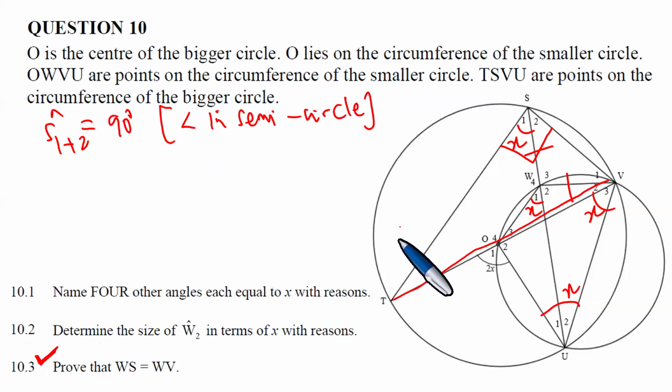Good. Now, this means the angle S2 is 90 degrees minus x.